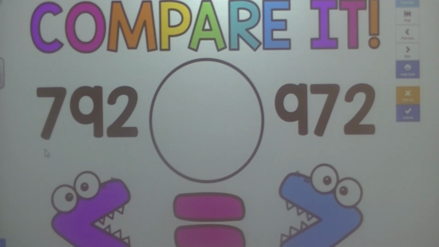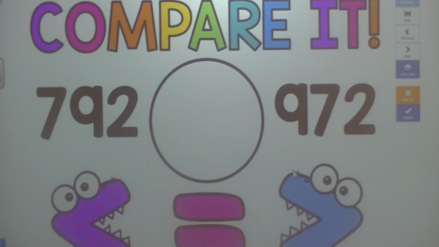All right, one more together. 792 is what? The 972. We always look in the greatest place value, which is the hundreds. So we have 700s and 900s.